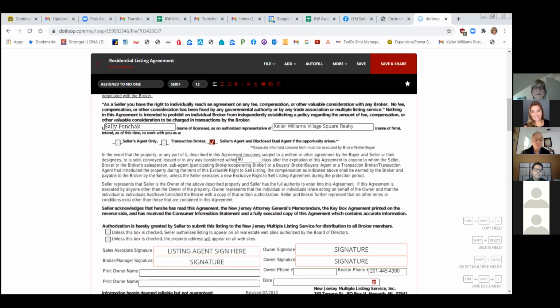This next paragraph talks about what happens if the sad day comes that the entire listing term has been completed and the house still has not sold, and the listing expires. If the listing expires and it doesn't get relisted, we're writing in here a period.